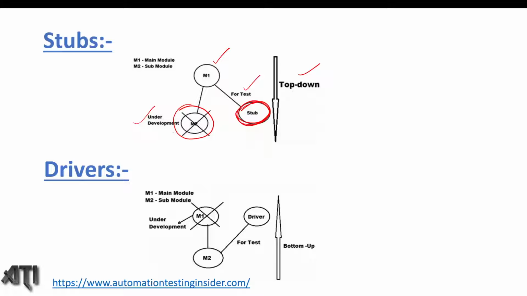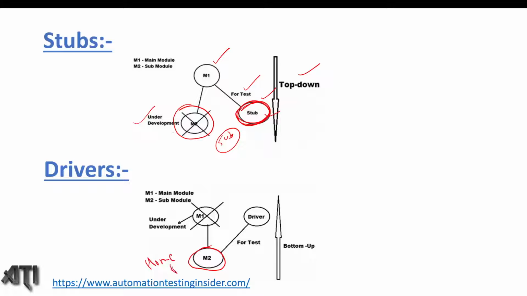This is how we perform top down. Basically, in top down integration, without developing the next module, the sub module, we can still perform testing using these stubs. This will act as a sub module. Now just reverse it for bottom up. Here we have taken the example of the home page, right? So this is an example.